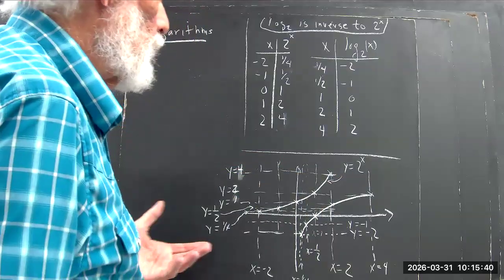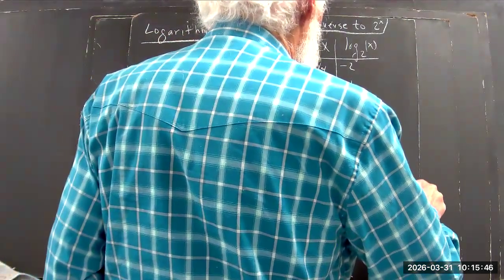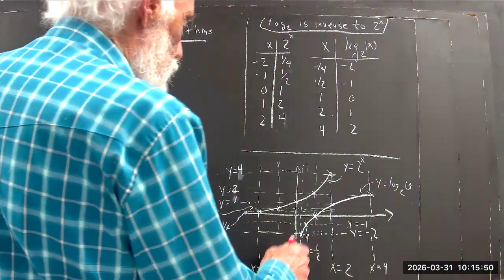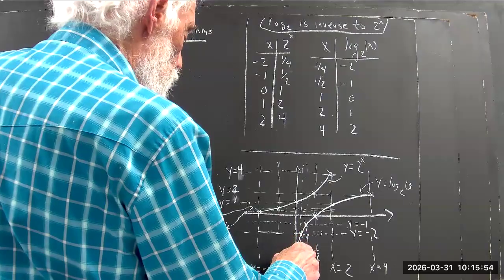Then similarly, when you do the log x function, the y equals log base 2 of x function, you're going to have a vertical asymptote at the negative y-axis. Now I can draw that.